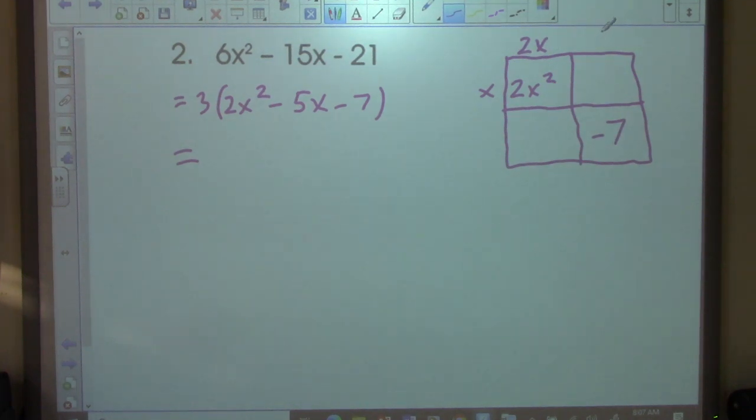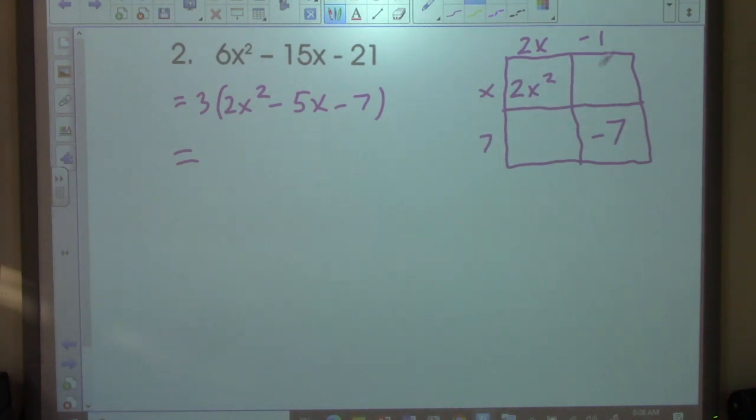So you can put 1 over here and 7, and you don't know which goes where, so you can kind of play around here. So if I play around here, I'm going to try negative 1 times 7 up here, and then you're just going to play around. I'm going to put my attempts in here.